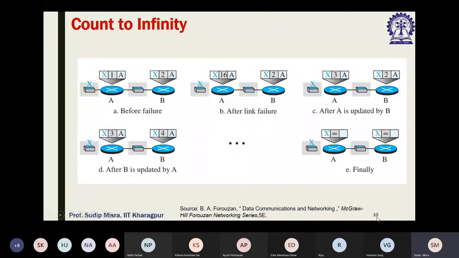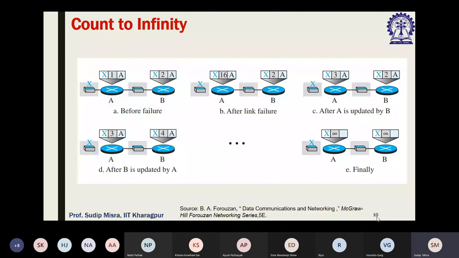Last time I had explained by working it out, right? So we had a scenario like this, that we have two routers A and B, and there is some node X which is trying to connect like this. Let us call it X, and these two routers A and B. Then in between you also have another network.